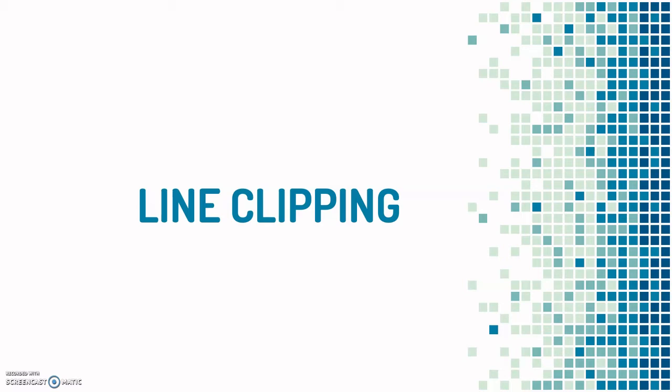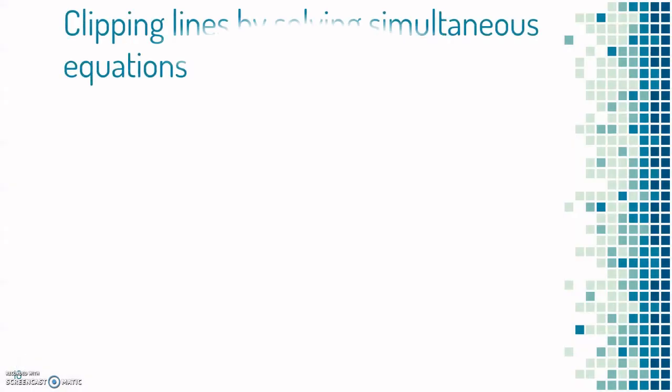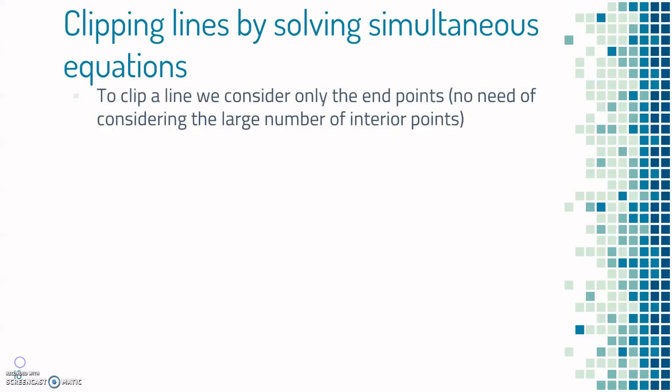That is, clipping lines by solving simultaneous equations. Let's see how it works. To clip a line, we consider only the endpoints; we need not consider the large number of interior points.